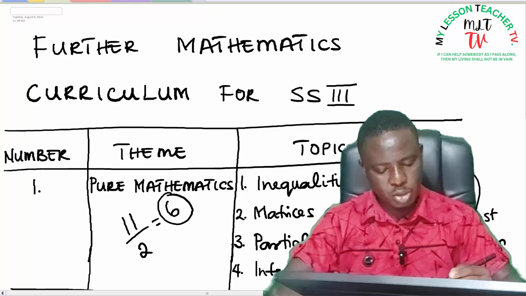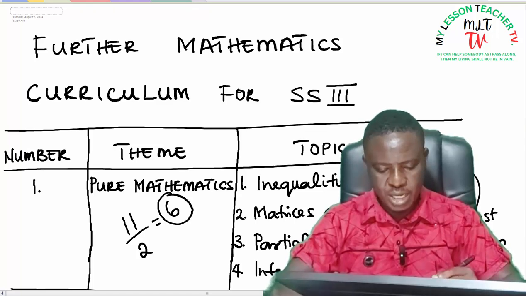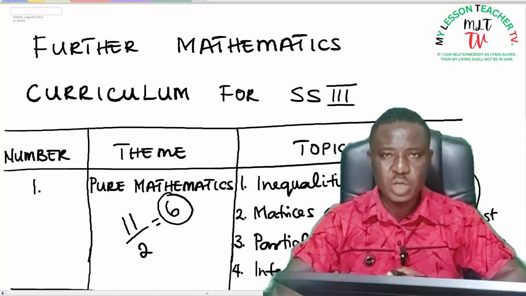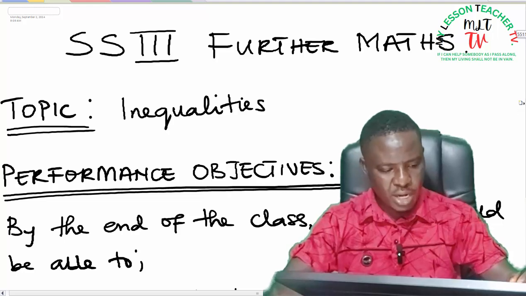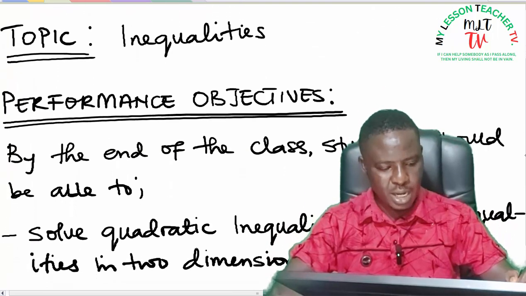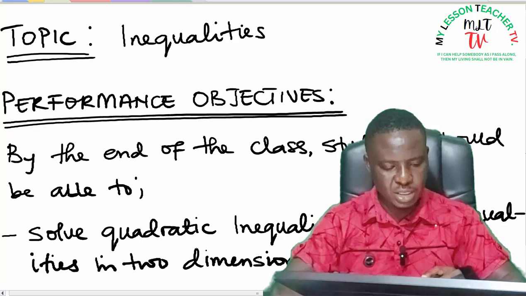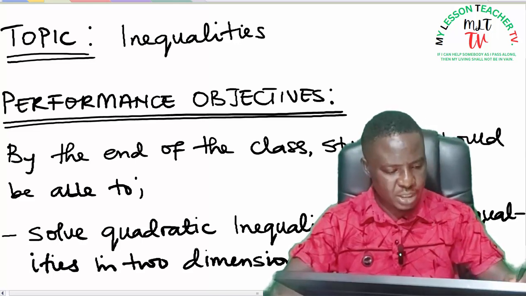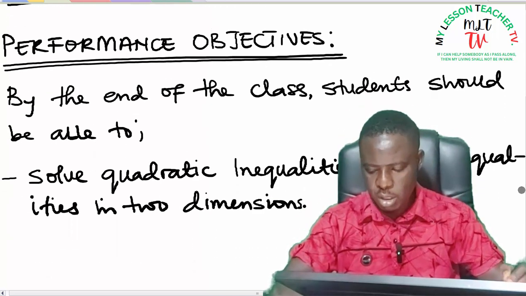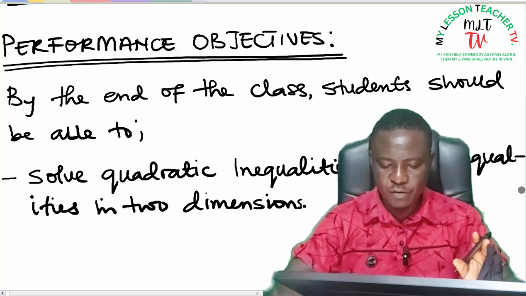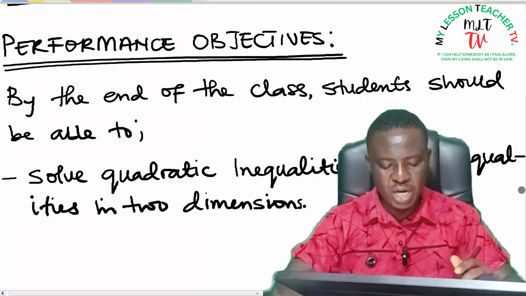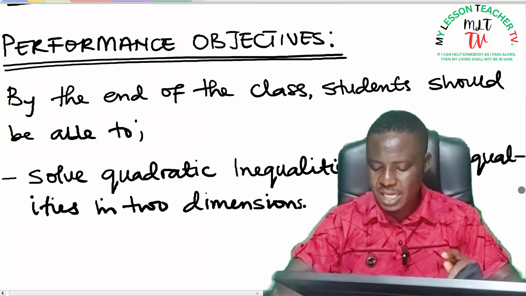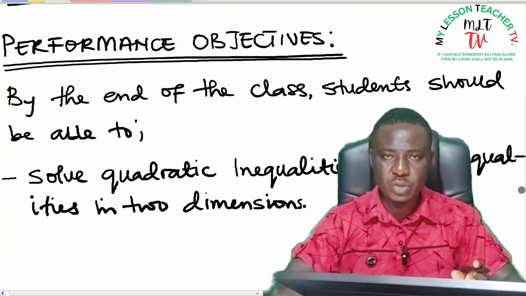examinations. So just like I promised, I shall be taking the topics one at a time, beginning with inequalities. So in today's class, we shall be looking at inequalities. Under inequalities, we shall, at the end of the class, achieve the following objective: students should be able to solve quadratic inequalities and inequalities in 2 dimensions.